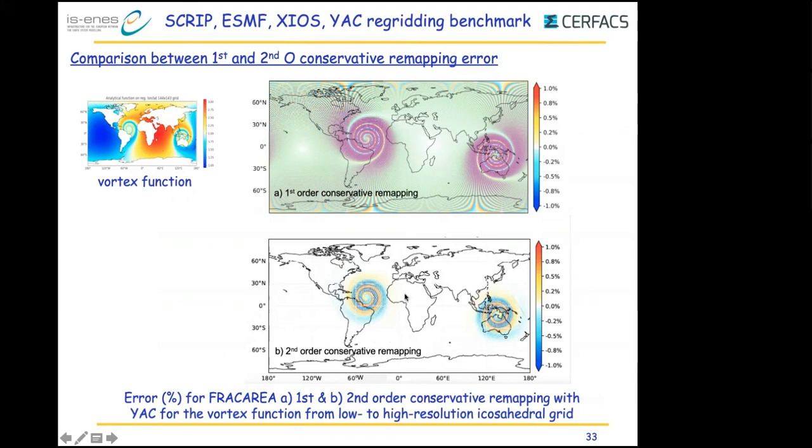This graph is from YAC, but we got similar results for the other libraries, and we see here that the second order conservative remapping is much better. It reduces the error because it reproduces the gradients of the function. So this is the type of analysis we did in this work.